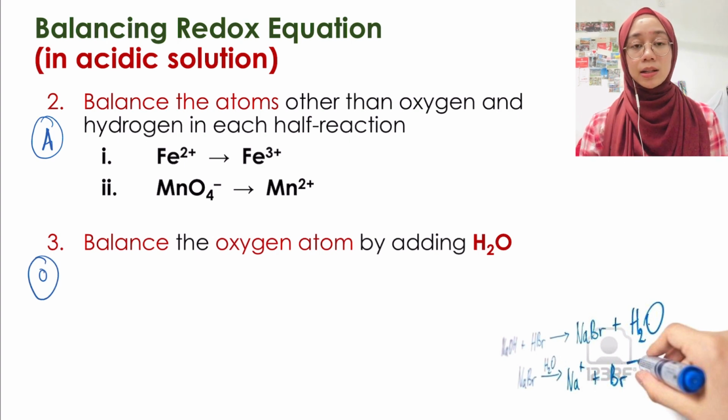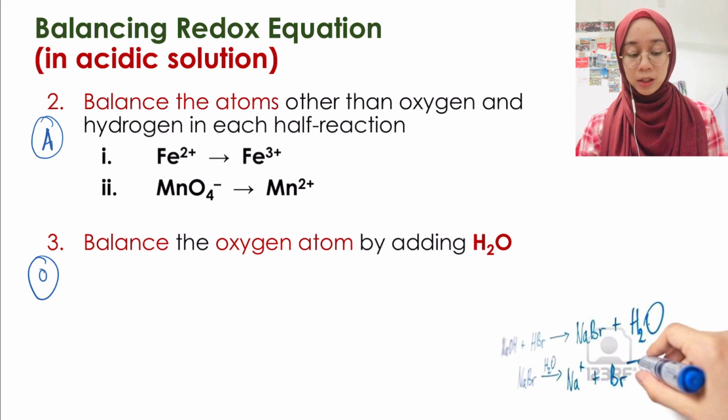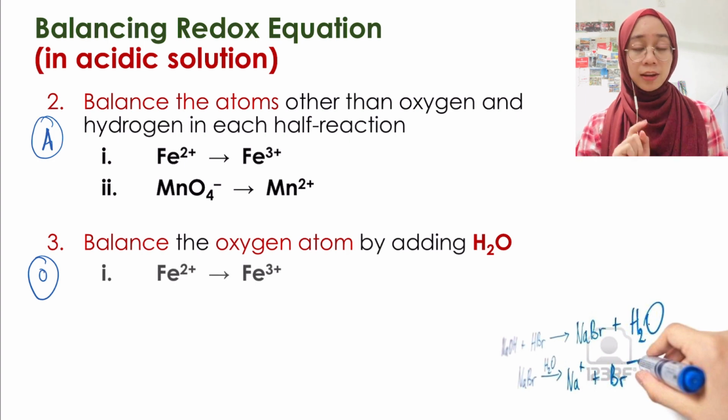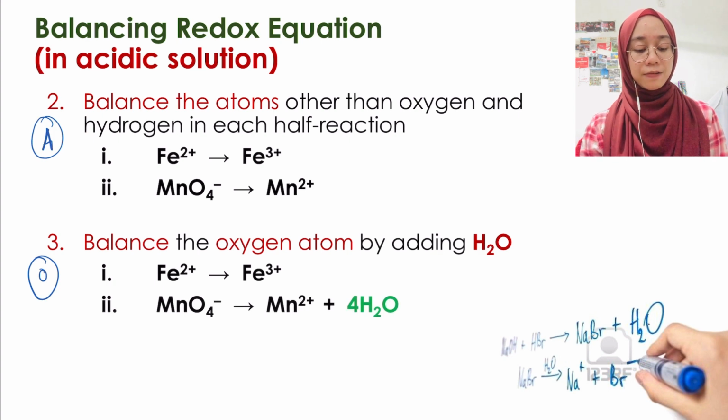So bila kita nak balancekan oxygen atom, it is by adding the H2O. Okay, so now first half equation, there's no oxygen involved, senang, settle, biar je macam tu. Okay, however, for the second half equation, kita ada oxygen, whereby as you can see, oxygen ada 4 sebelah kiri, sebelah kanan tak ada apa-apa.